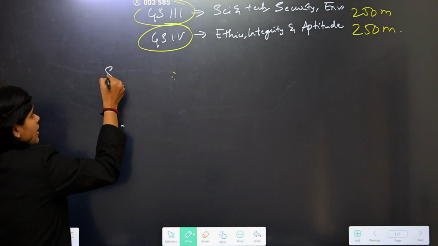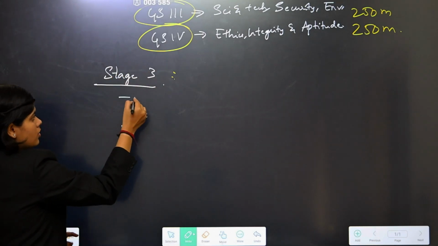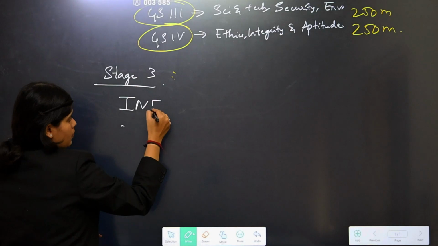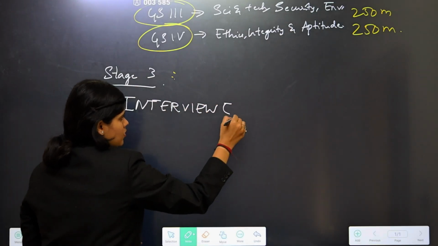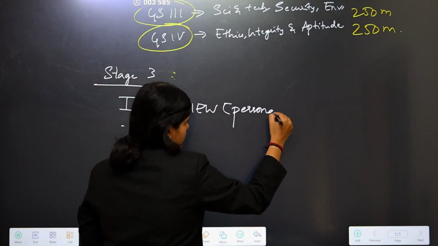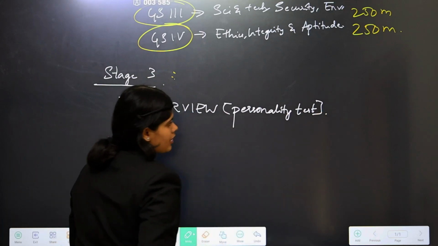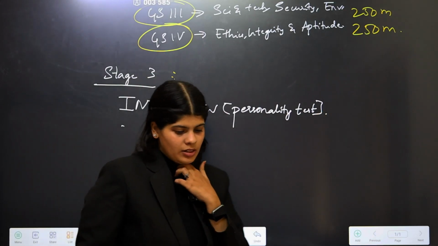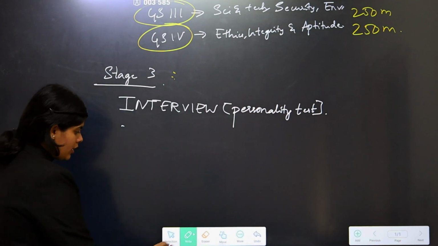So your stage 3 is your interview, which is your personality test. So this will be your final stage. And now in the personality test, what are they going to test?